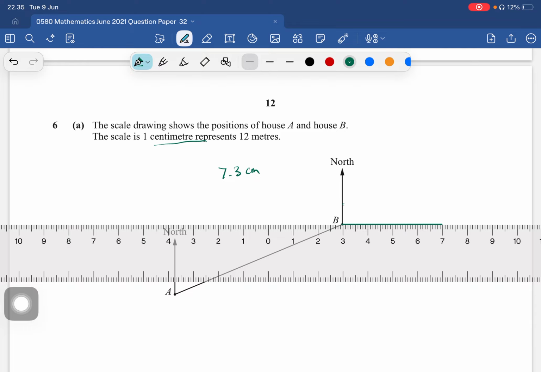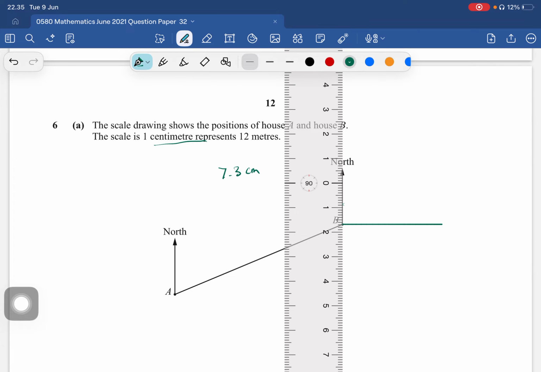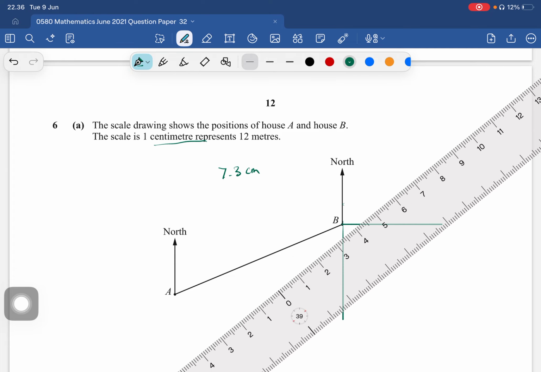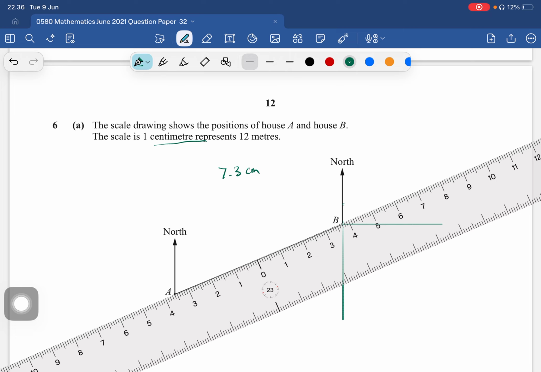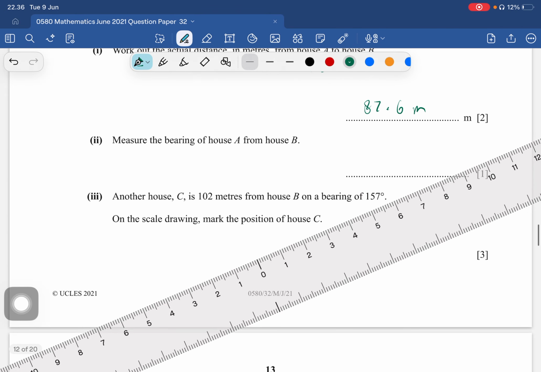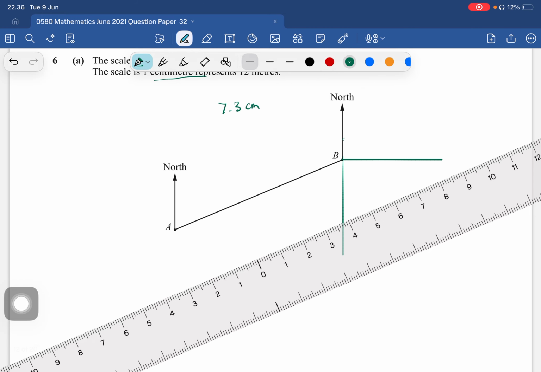Here is 90 degrees, here also 90 degrees. So here is 247 degrees. You can use a protractor from the north, always clockwise, for the angle.